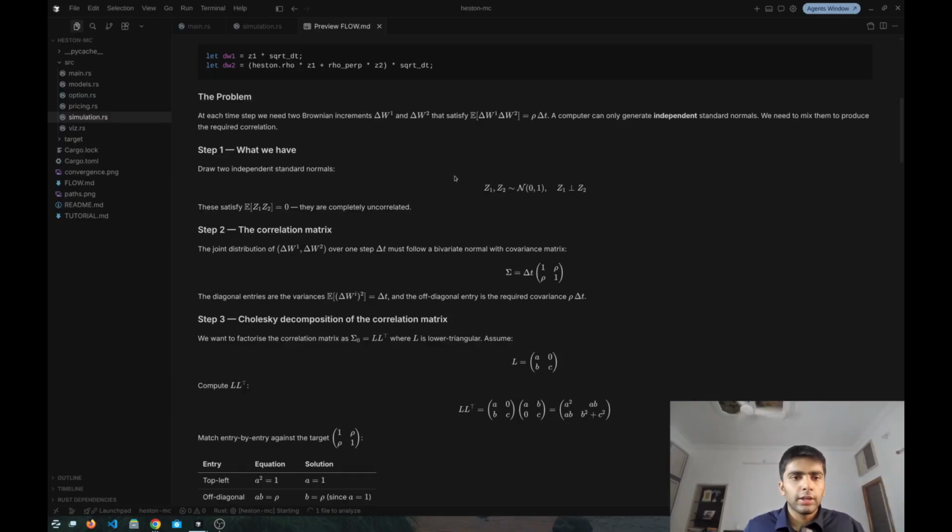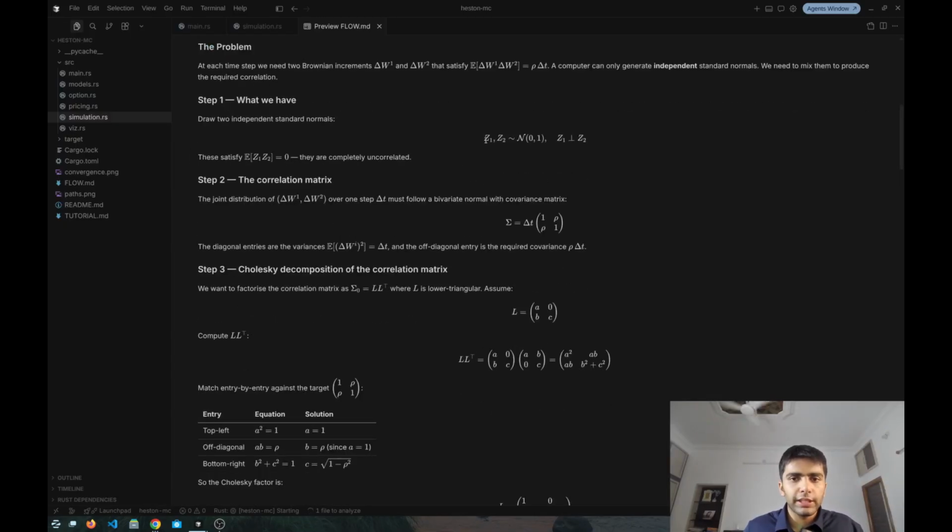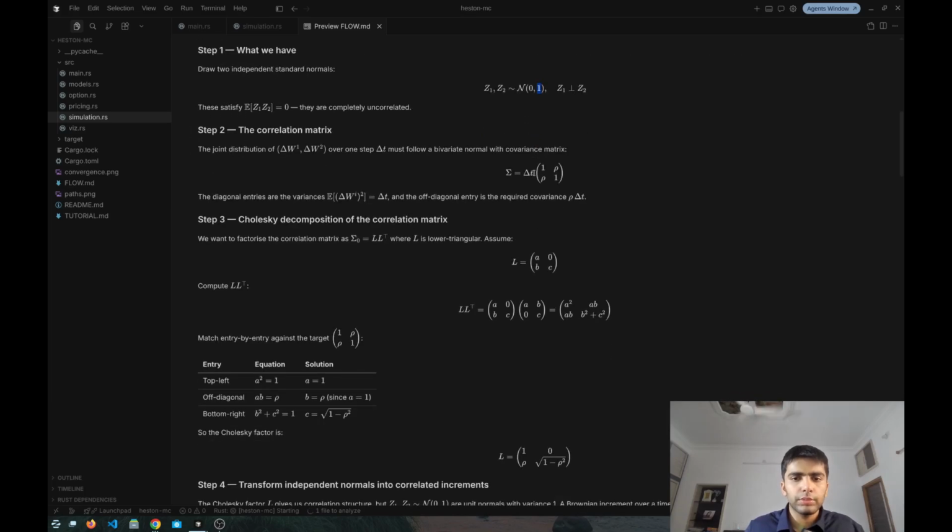Firstly, we define two independent normal distributions, G1 and G2, with mean 0 and variance 1, and we assume them to have a covariance structure equal to this matrix. Here the diagonals represent the variance and the non-diagonals represent the covariance or correlation between the two distributions.